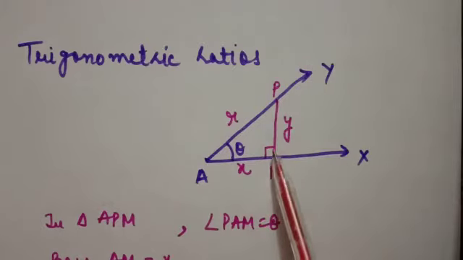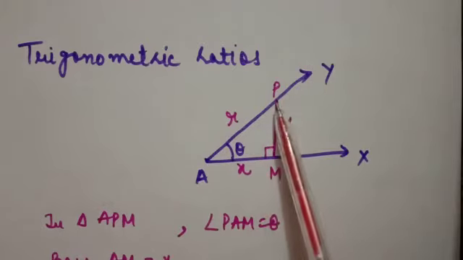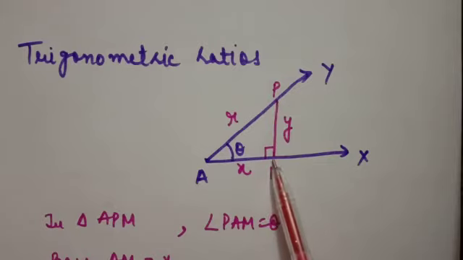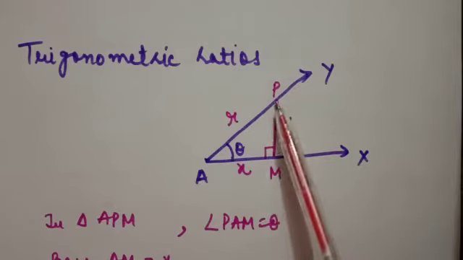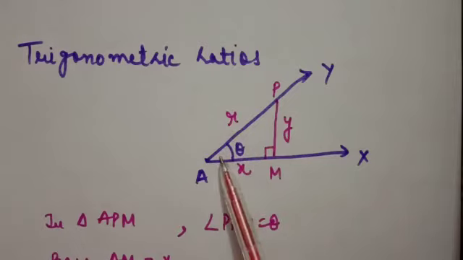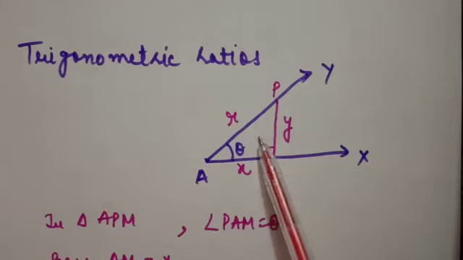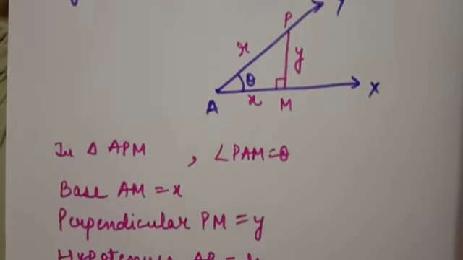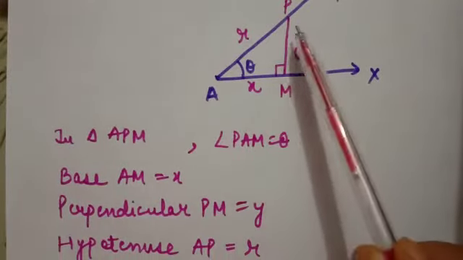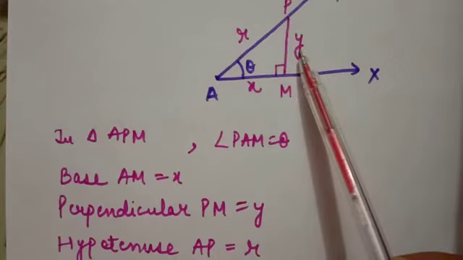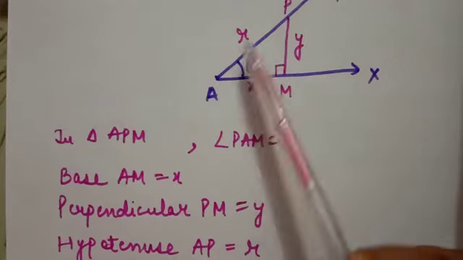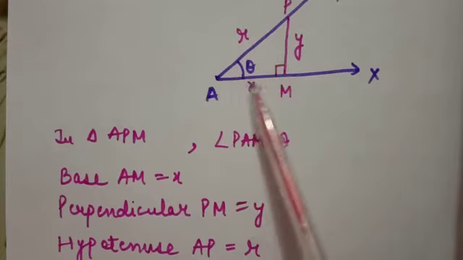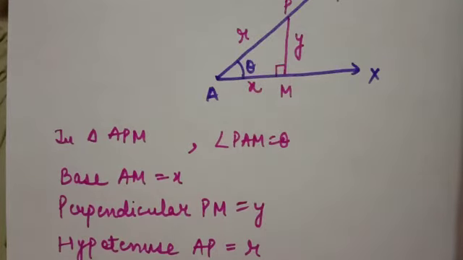When we draw a perpendicular on it which cuts AY at point P and AX at point M, PAM is also equal to theta, which is an acute angle. This is a right angle triangle. Definitely triangle APM is a right angle triangle, and one angle is 90 degrees and one angle is theta. This is the perpendicular, which is equal to Y. This is the hypotenuse, which is equal to R, and this is the base, which is equal to X.